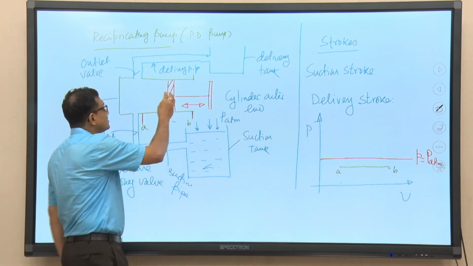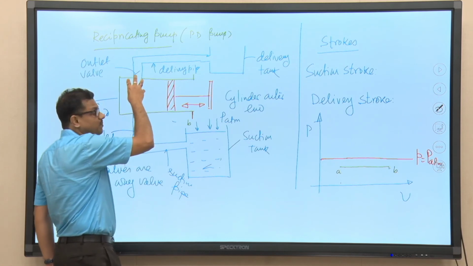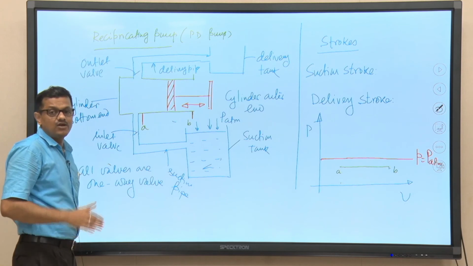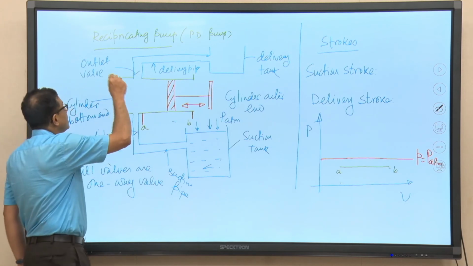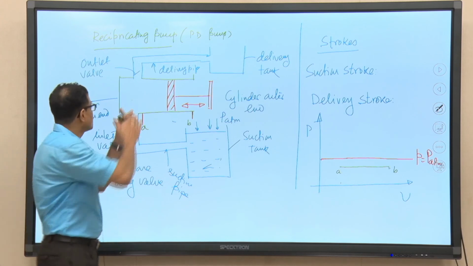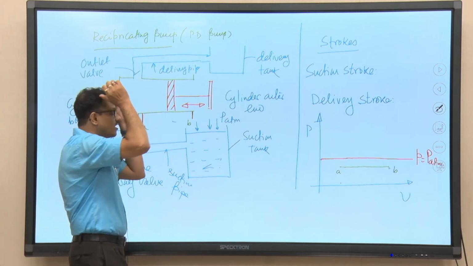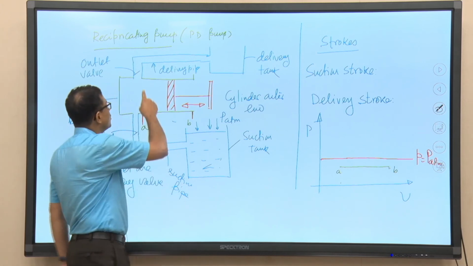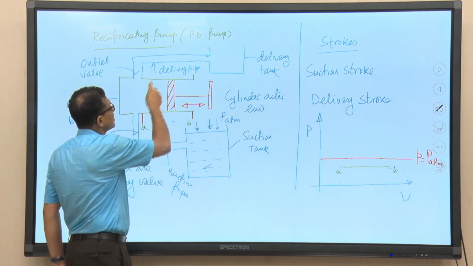Sufficient pressure must be developed inside the cylinder to lift the outlet valve. The force required to lift the outlet valve will be developed, and only then will liquid start flowing from the cylinder to the delivery tank.